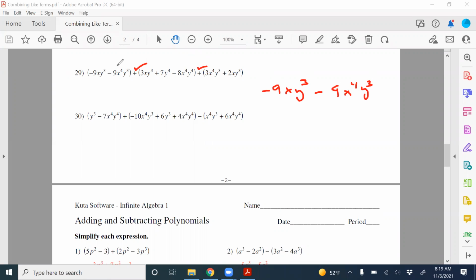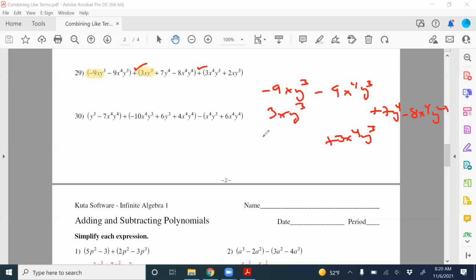That is definitely just like the negative 9xy cubed in the first grouping. So 3xy cubed. 7y^4 has nothing to combine with, so I'll just put it right here. And negative 8x^4y^4 also has nothing else to combine with. I'll put it right here from the first group. Then the third group, you have a 3x^4y^3. Put it right here, directly below the negative 9x^4y^3 from the first grouping.